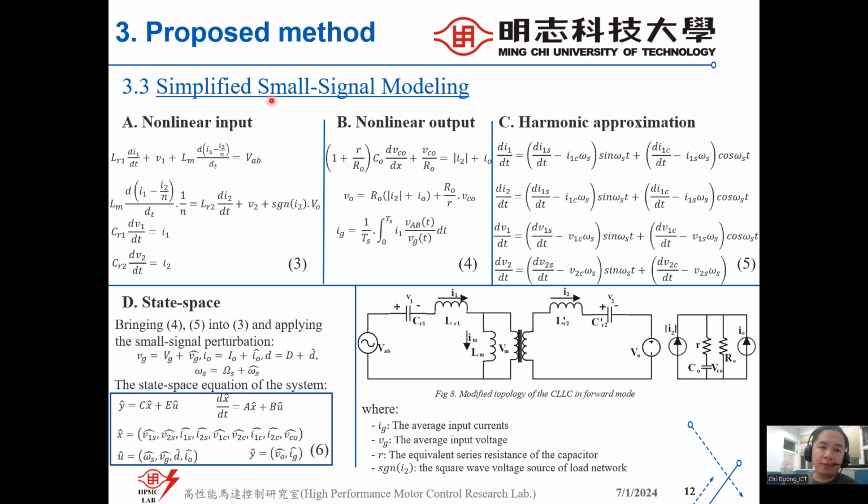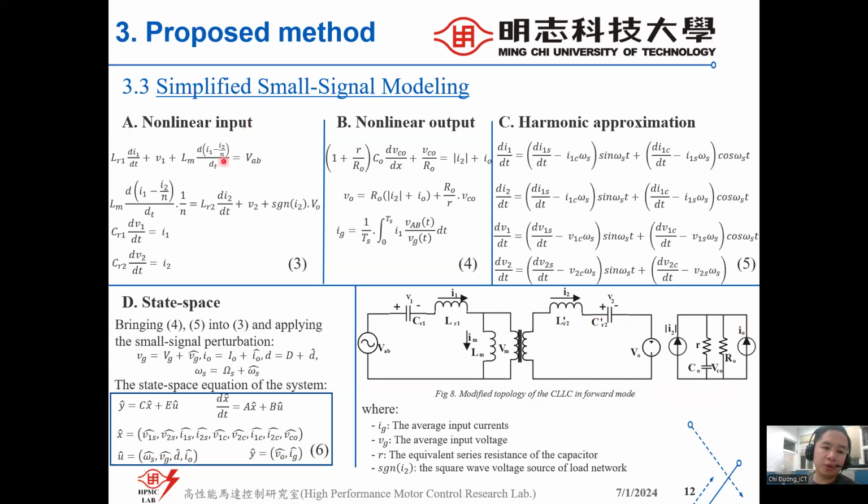And in this slide, we simplify the small signal modeling. With figure A, the modified topology in the forward mode, the difference with the FHA circuit will be described in the nonlinear output.